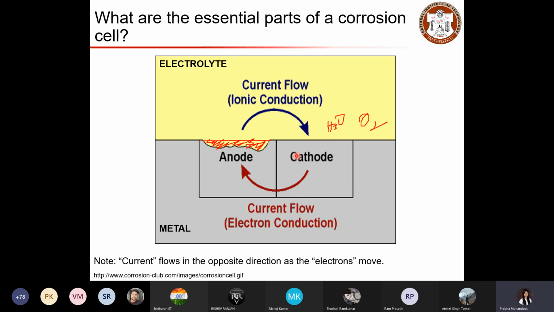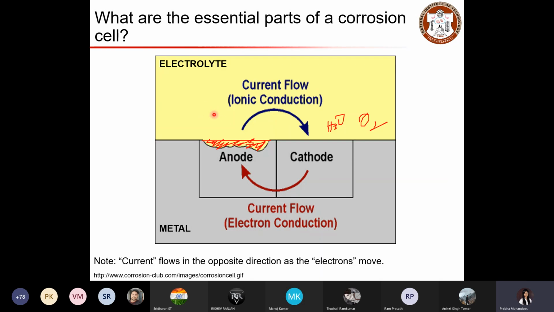The remaining region helps this anode to corrode, and then the electric charge gets passed from the cathode to the anode. That is what is mentioned here as current flow, electric conduction. From the anode, which is the one corroding, some amount of ions is released.